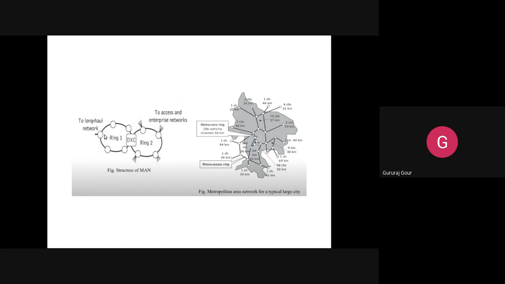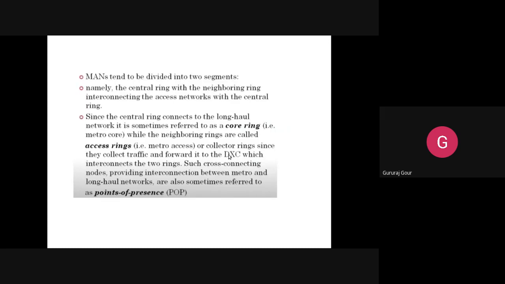For example, this metro access ring may be a long haul network in the form of ring 1, or maybe a ring 2 that may be an access or enterprise network. These two networks are connected to this central ring with the help of the digital cross connect. Okay, so this is how we can explain this MAN.